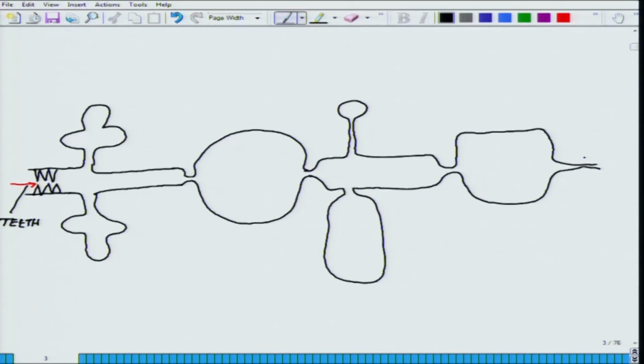Okay, now let us start labeling all of them one by one. So, the first one is the teeth, where basically the food is getting, this is the bulk amount of food, and you have the smaller component breaking it out into pieces. Step 1, this is the function of the teeth. Now comes the second, which is called the salivary gland.